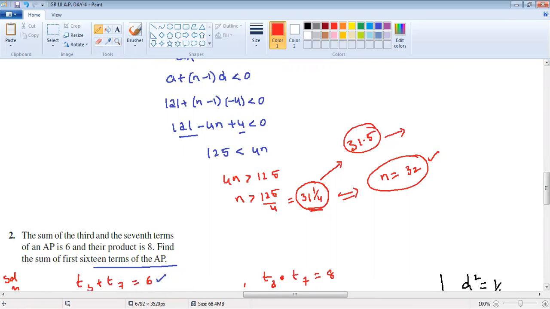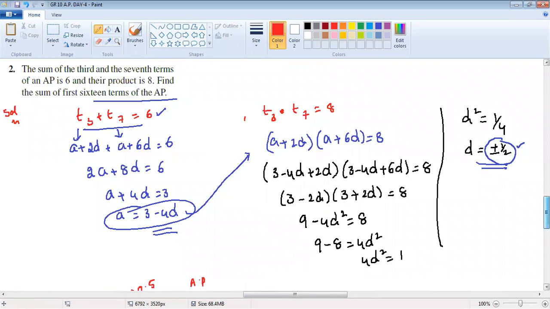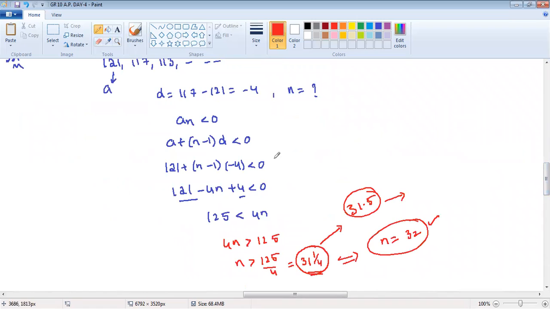Another thing I forgot to tell you, people used to make a mistake here. What is that? 121 minus 4n plus 4 less than 0. Then they will do 125 minus 4n less than 0. They will do minus 4n, they'll carry minus 125. So it means both sides are minus. So when it is minus, what you are supposed to do? We have to take out minus 4.